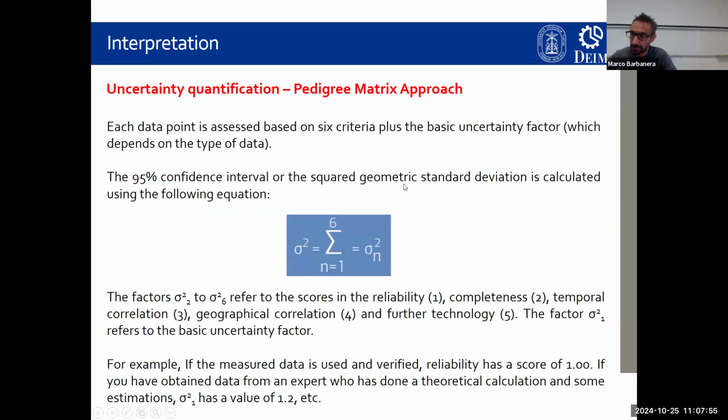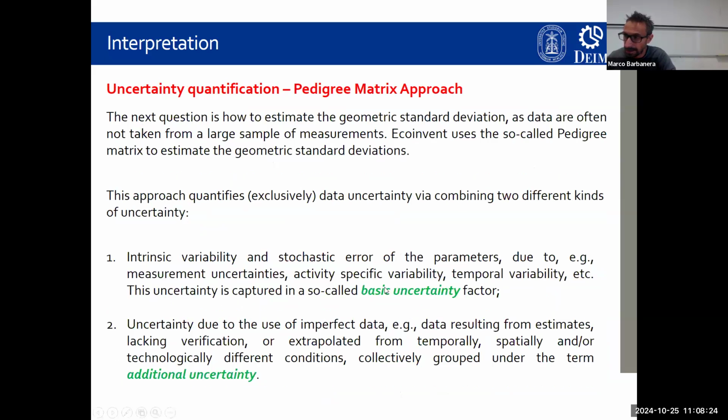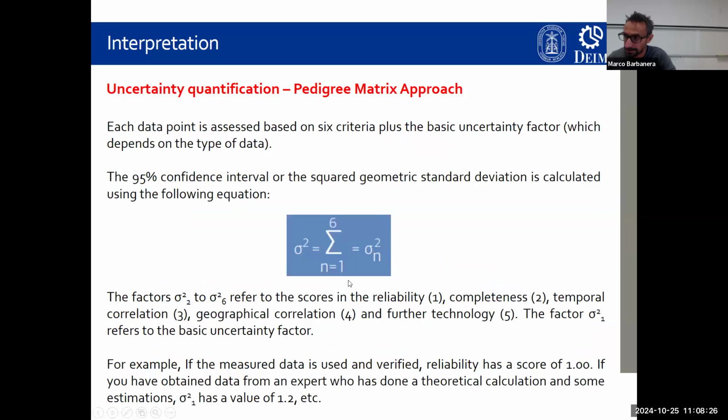For the calculation of the square standard deviation, we have to apply this equation. It's very easy, this equation. So the square standard deviation is simply calculated as the sum of the different square standard deviation for basic and additional uncertainties.